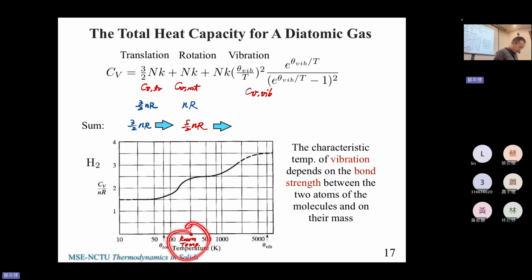But at room temperature, the vibration is not yet activated. So we say this is locked at room temperature.